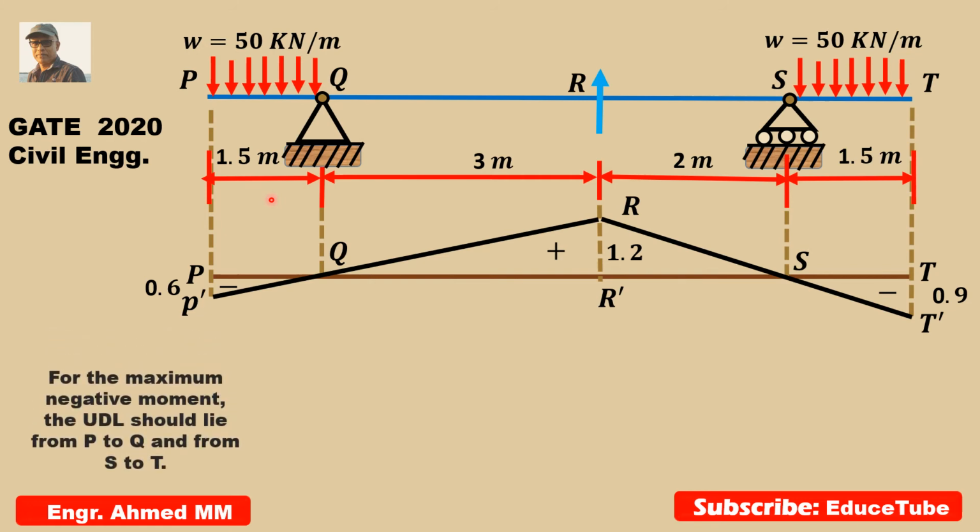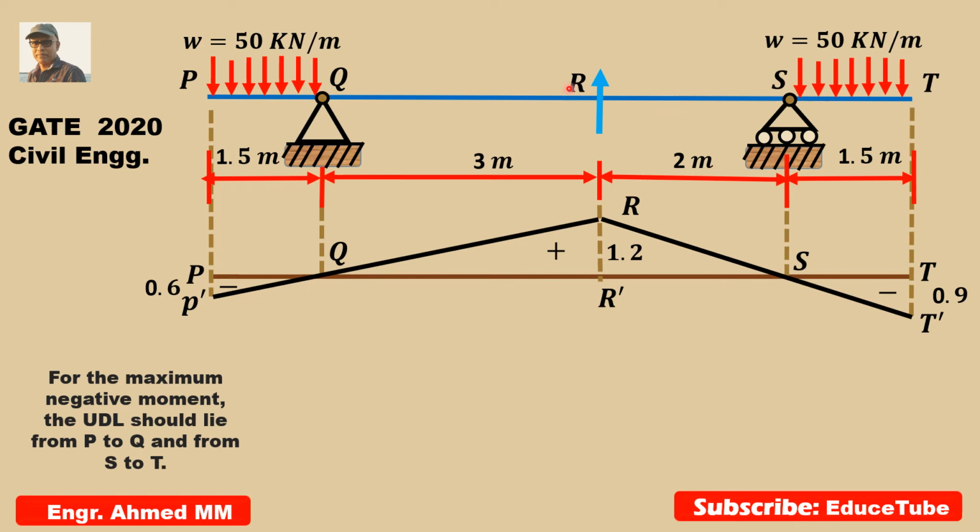So we can write this point also. For the maximum negative moment, or maximum hogging moment, the uniformly distributed load should lie from P to Q and from S to T. But here we need to think, if we bring part of the load on this QS span, right away this negative moment will surely be reduced.